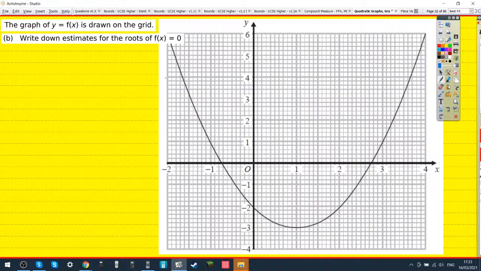Okay, any idea about this one? Okay. It is 2.8 and minus 0.3. So 0.3 will be like there.